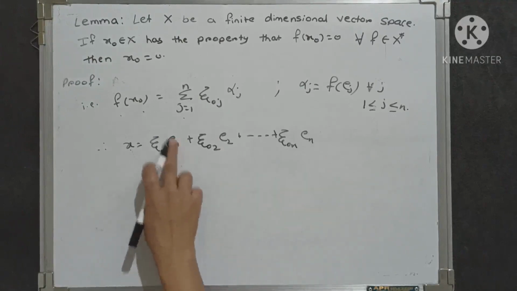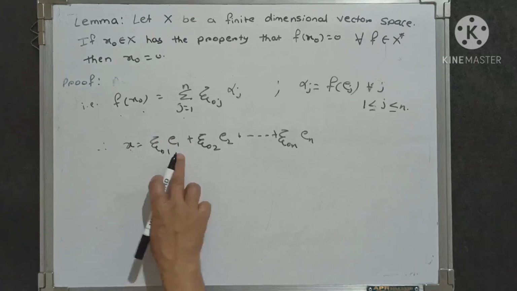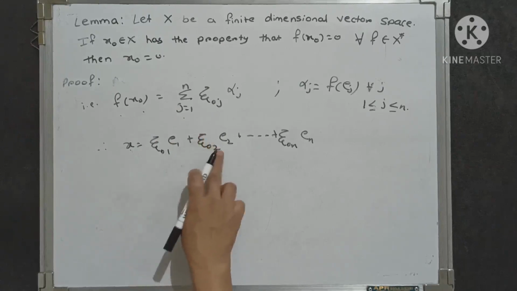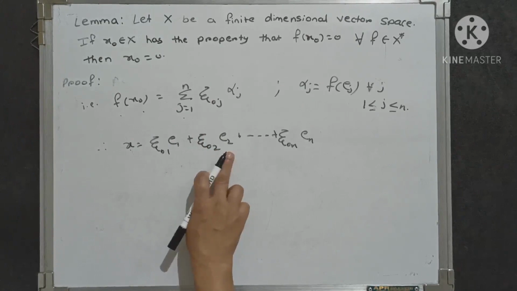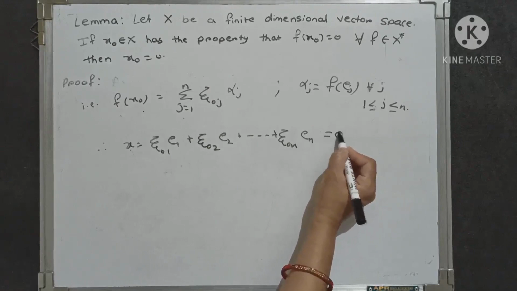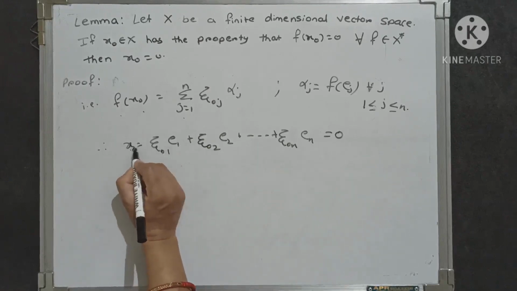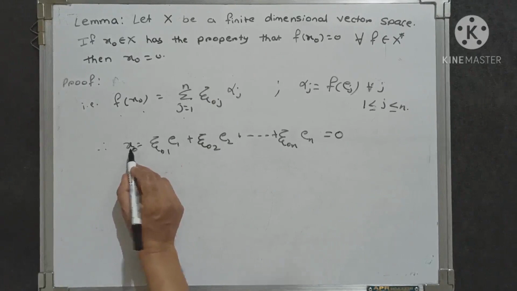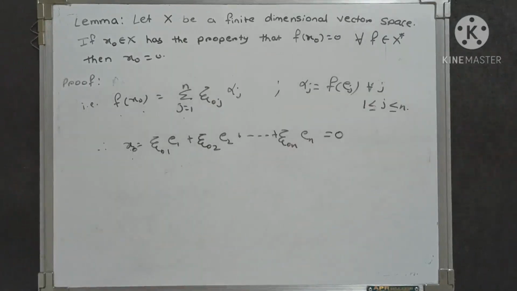Since xi 01 equals 0, this product equals 0, xi 02 equals 0, so this product equals 0, up to the last product equals 0, and we get that x naught equals 0. In this way we show that if x naught belonging to capital X has the property that f of x naught equals 0 for every f belonging to X star, we get that x naught equals 0, and hence the proof of this lemma.